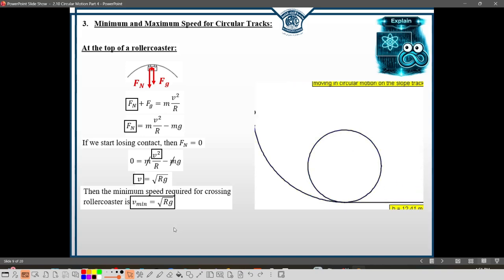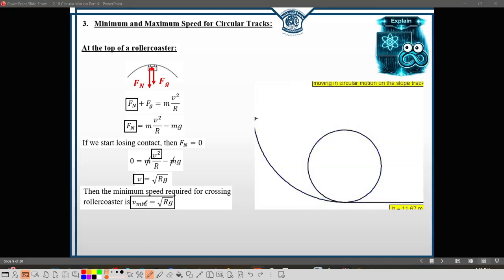This is what will happen if we have this velocity or greater. If we have less than this velocity, the object won't complete the path, so it will slip backward, or it will lose contact at some point and then fall down.